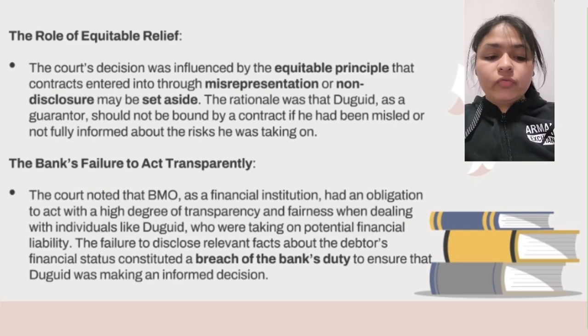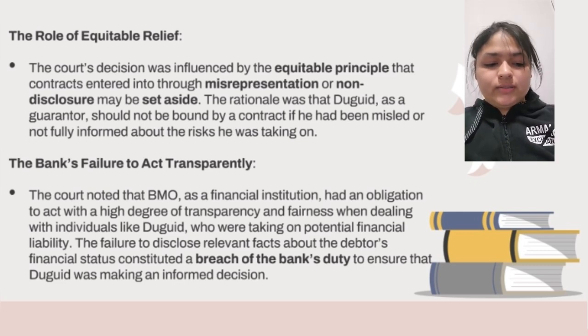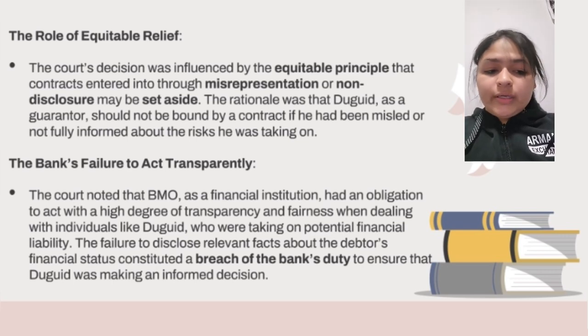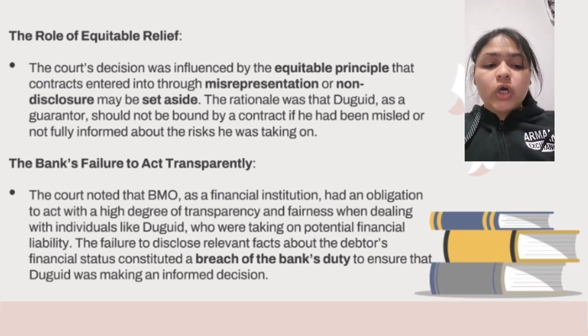If a creditor withholds material information, the guarantee may become unenforceable due to unfairness or lack of informed consent from the guarantor.